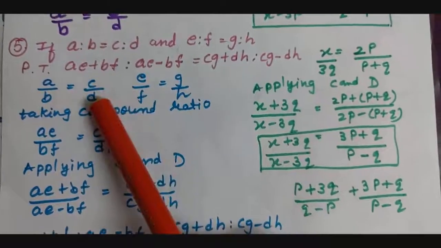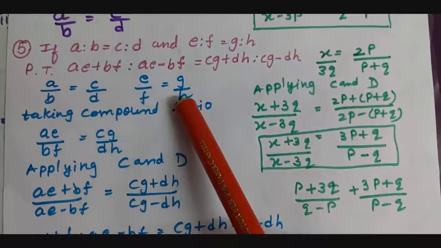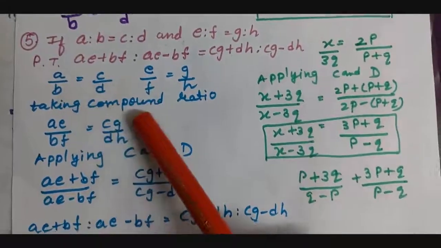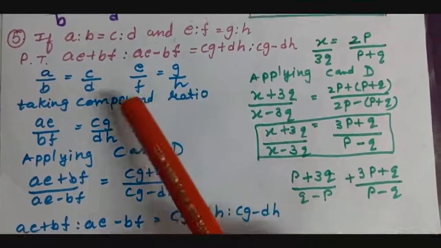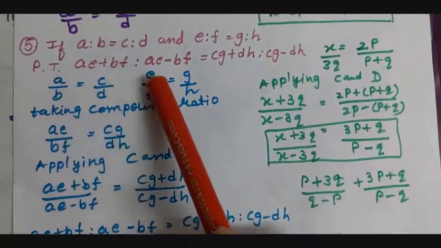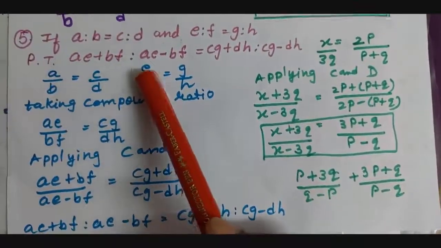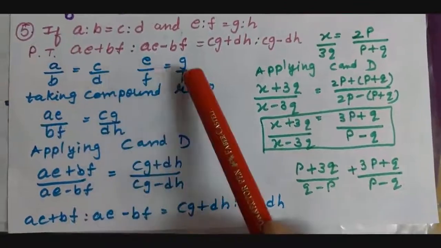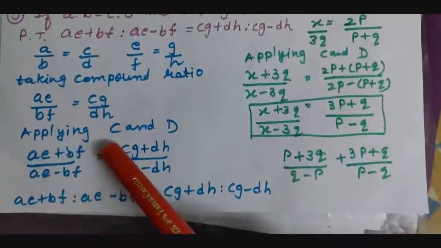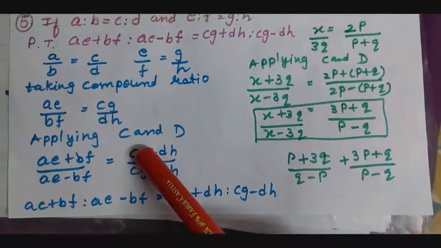So how do we get it? I have written first my ratio, which we are going to use here. Now taking compound ratio. What is the meaning of compound ratio? I am taking left sides in a multiplication and right sides in a multiplication. Now I can apply C and D to get my result.